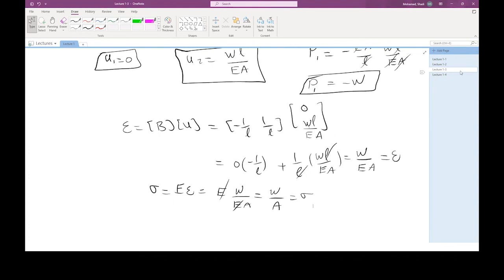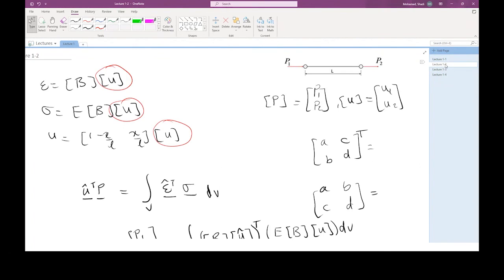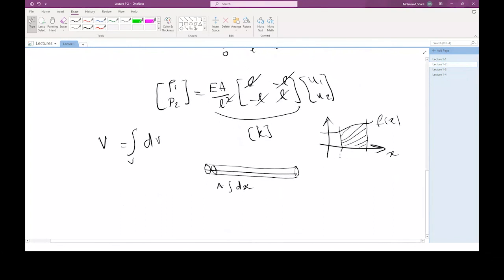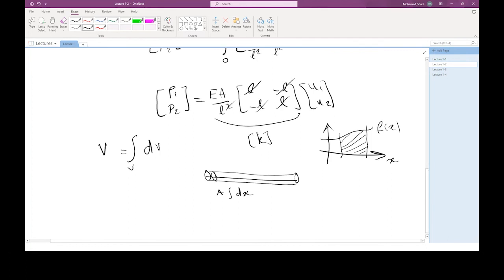So if I understand you correctly, Singh, you are talking about this integral here, A over dx, right? Yes. Now, as you said, if the cross-section is constant, we take this constant outside the integral and we do the integration over x.